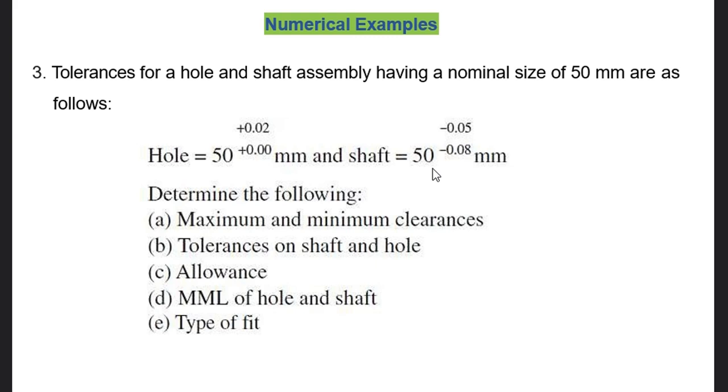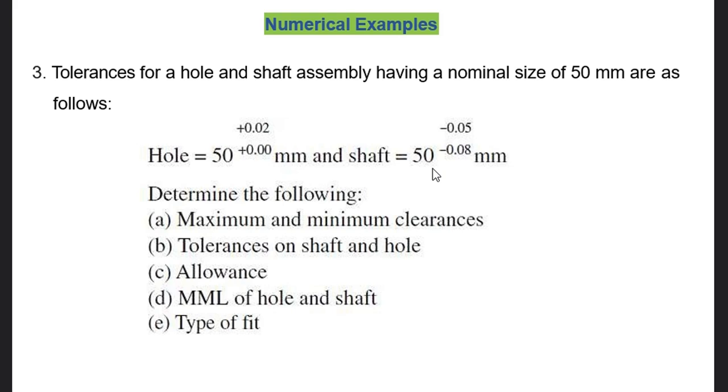So your limits for the shaft are, lower limit 49.92 and upper limit 49.95. So what's the allowance? Allowance is nothing but upper limit minus lower limit. So 49.95 minus 49.92, so allowance is 0.03 here.